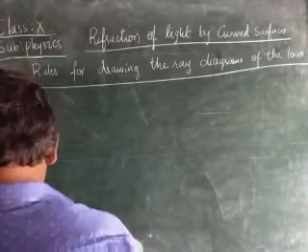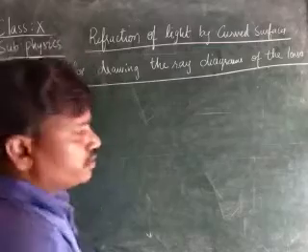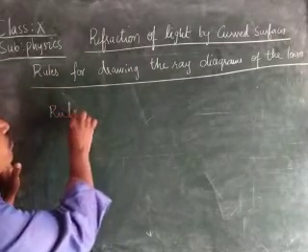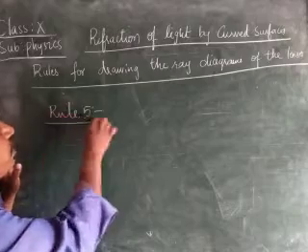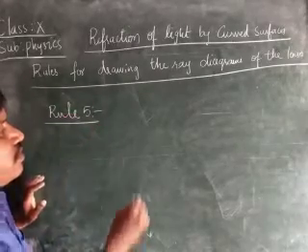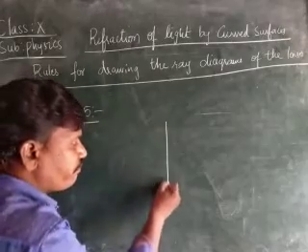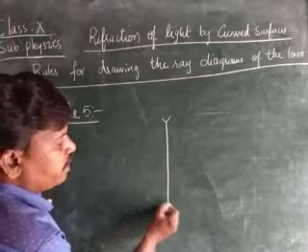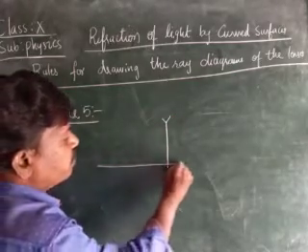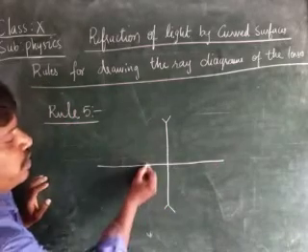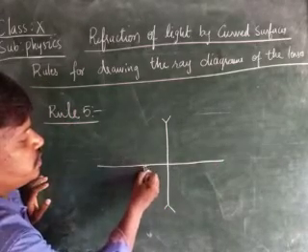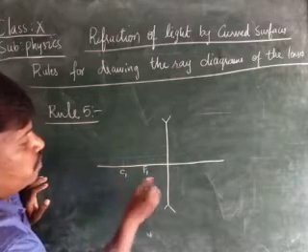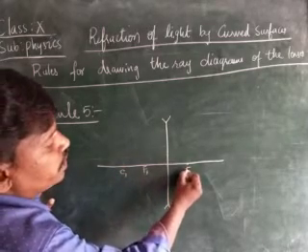Children, you should practice these diagrams perfectly, the rules as well as the diagrams. Rule 5 says that when a parallel beam of light rays makes an angle with the principal axis, after refraction they converge at the focal plane.